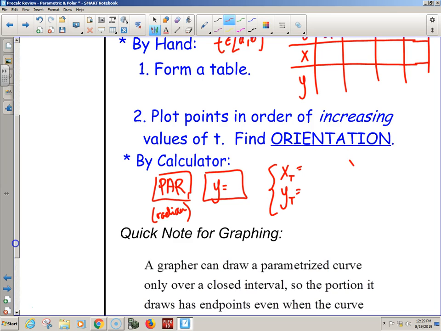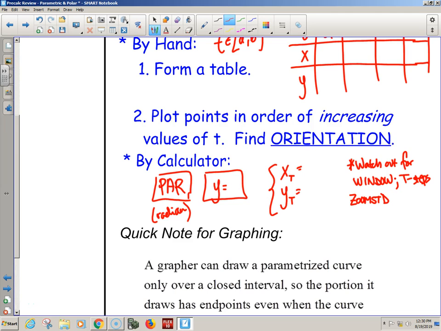Let me do a quick little watch out for the window, and specifically the T steps. The T steps could get kind of weird. You could do like a zoom standard to try to reorient it.